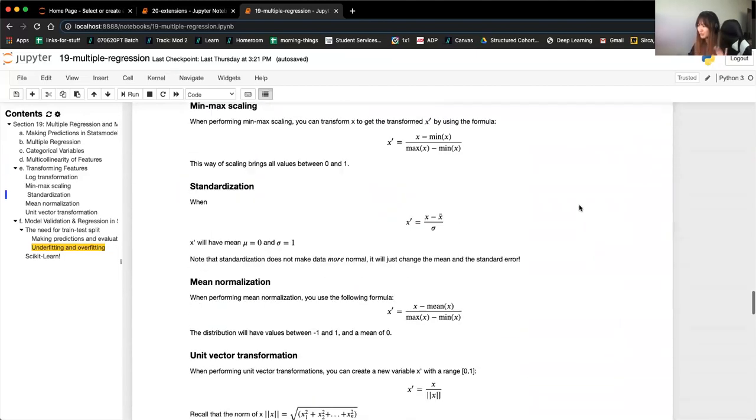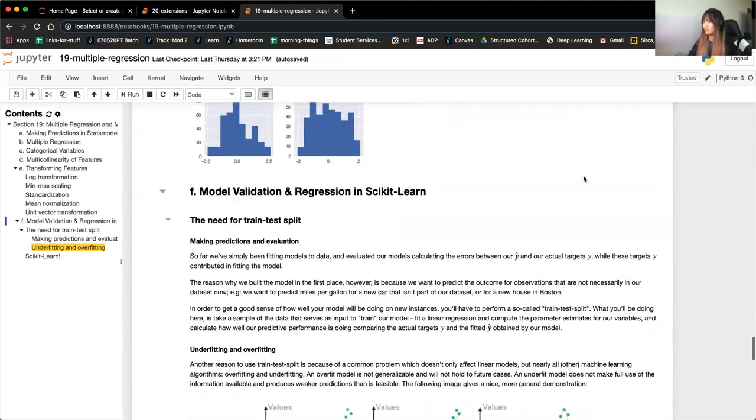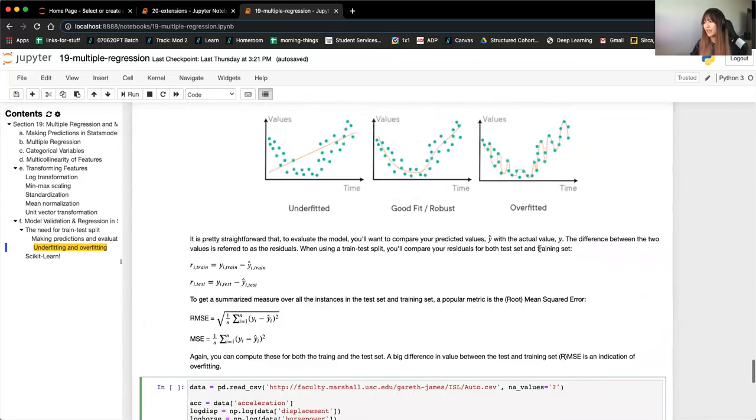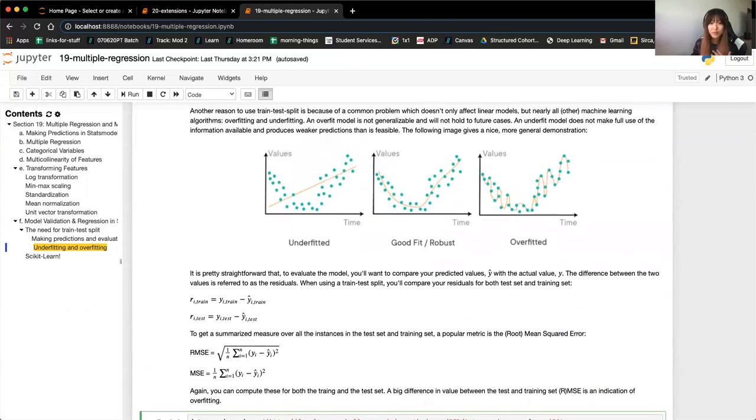So it's a little bit all over the place here, but I had mentioned why we do train test split, and basically what we're going to do to check for overfitting or underfitting is compare the metrics between your train set and your test set. If you remember when we were doing R-squared, R-squared is comparing how well the line fits the data points compared to some baseline model, that best fit line versus that horizontal line.